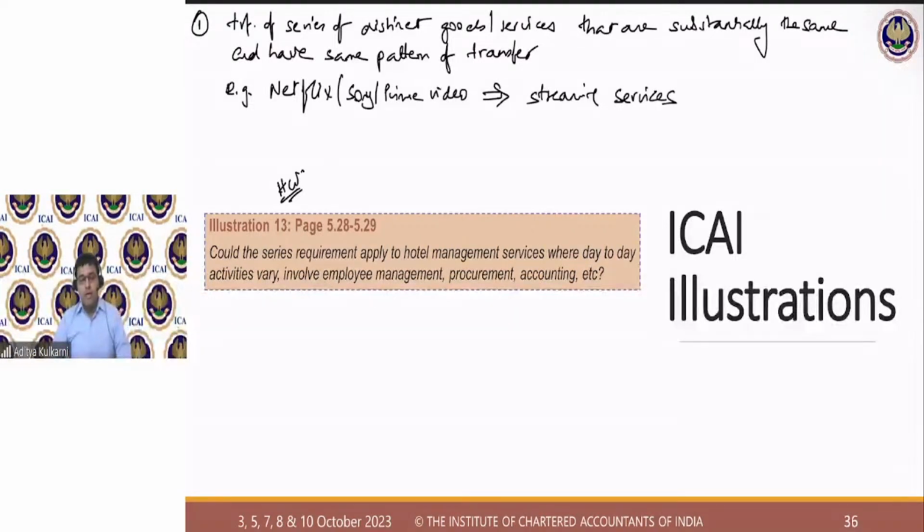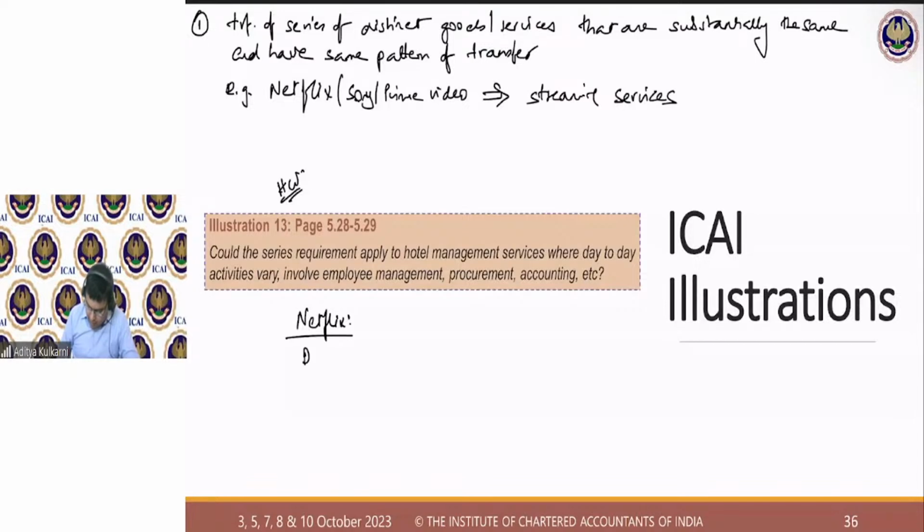So what I am doing is the services which I am rendering on day 1 are distinct from the services I am rendering on day 2. Let me explain. Suppose Netflix.